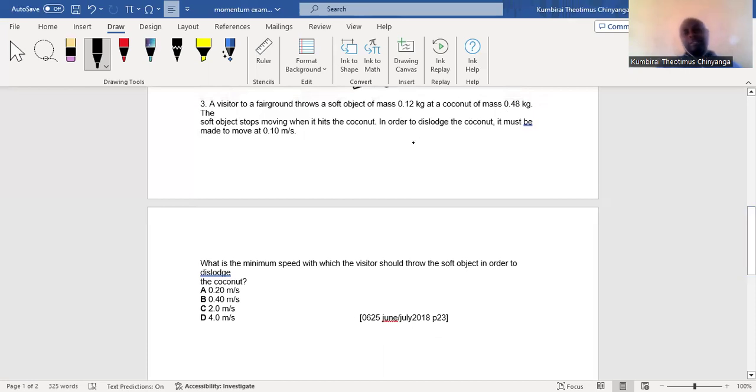The coconut's initial velocity is not given, but from the facts given, it is reasonable to assume that it's actually at rest. I'll just give you time to formulate the equation and substitute and solve it.